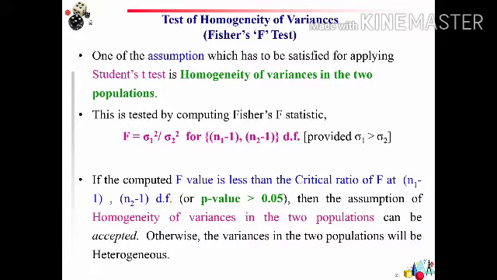Previously we saw that if any test statistic is greater than the critical ratio, we reject H0.